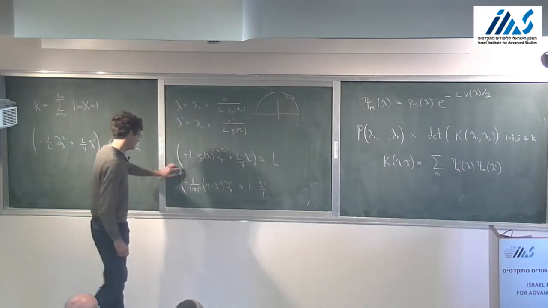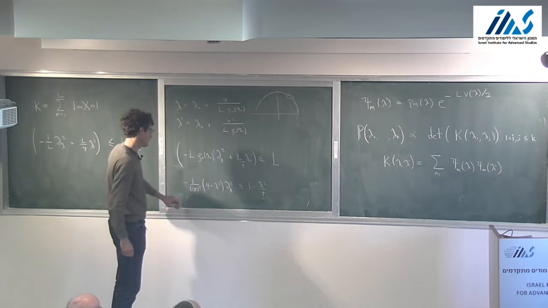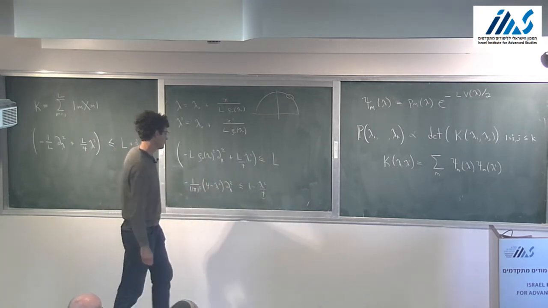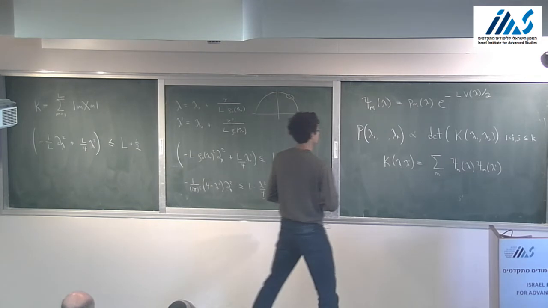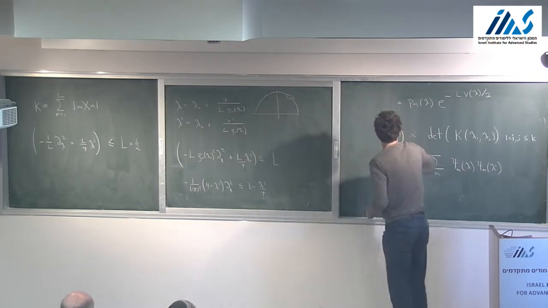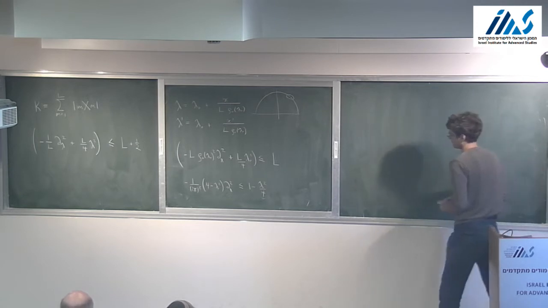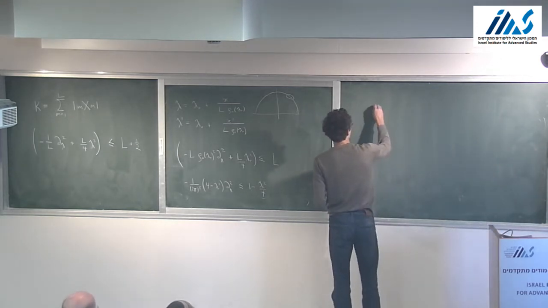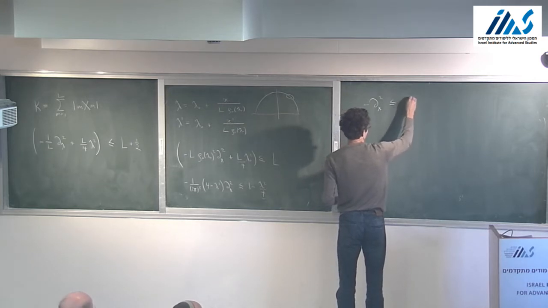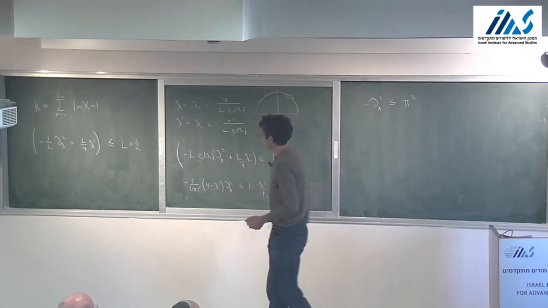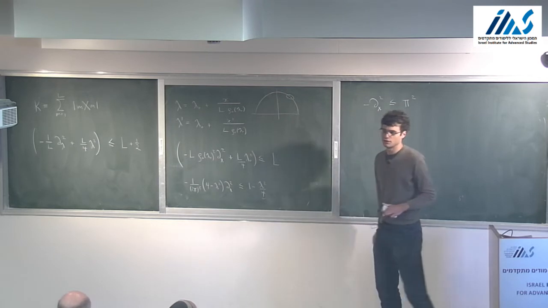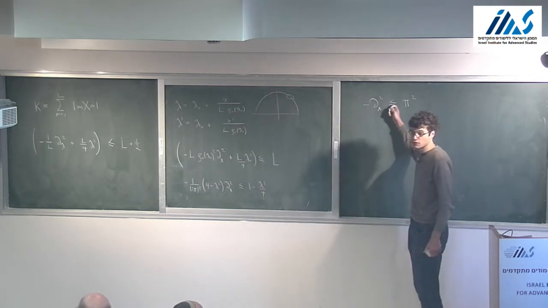Okay, and now if we just divide by this factor, we find a very simple condition that minus d_x squared is less than or equal to pi squared. And it's easy for us to write an operator that implements this condition.